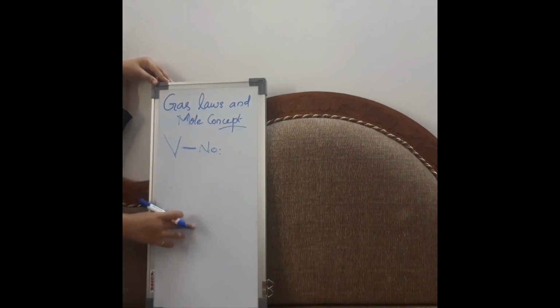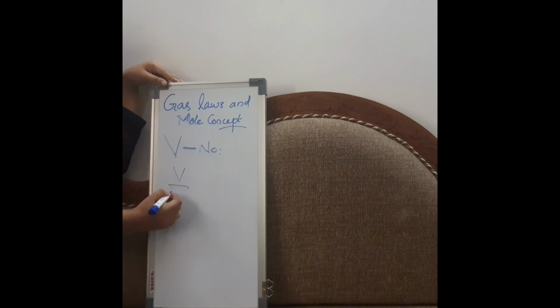This relation was proposed by Amedeo Avogadro, an Italian scientist, and is known as Avogadro's law. At constant temperature and pressure, the volume of a gas is directly proportional to the number of molecules. That is, V by number of molecules is a constant.